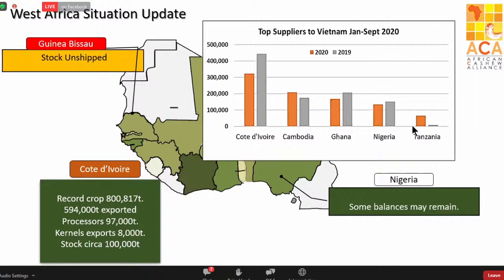Tanzania was up. There was a major purchase by the TNT Group at the end of 2019. So the arrivals in Vietnam reflect the situation in West Africa. And this is the reason why part of the shipments are down and why there are remaining stocks. I would say that in previous years, in 18 and 19, there were continued shipments from West African countries until December, where people had slowly come to market or maybe speculated, hoping for higher prices.